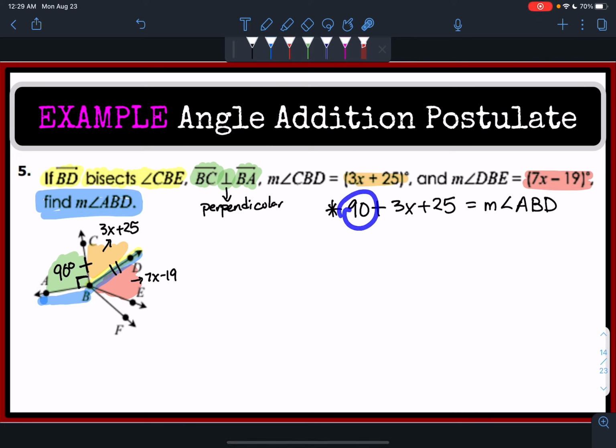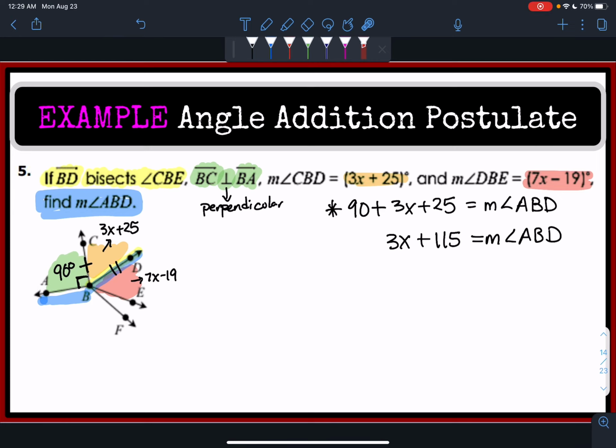I can add the 90 and the 25 to simplify this, and I'm going to get that 3x plus 115 is equal to the measurement of angle ABD. But that's not what they want us to do.